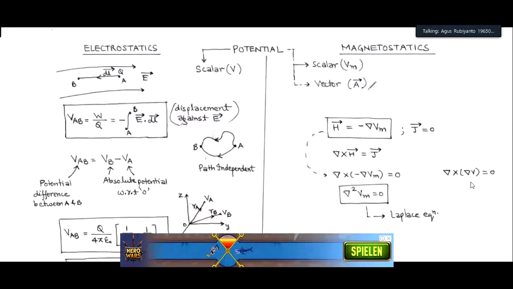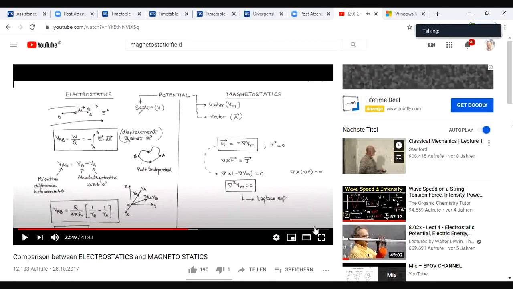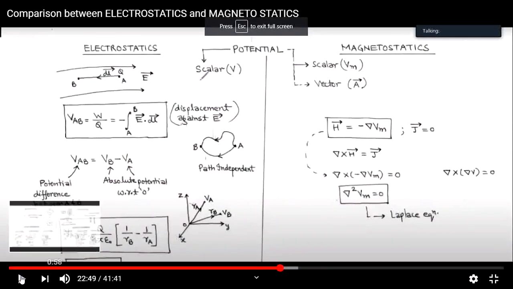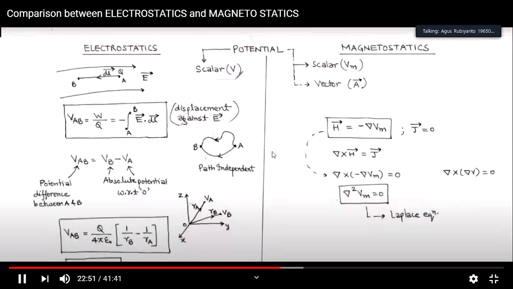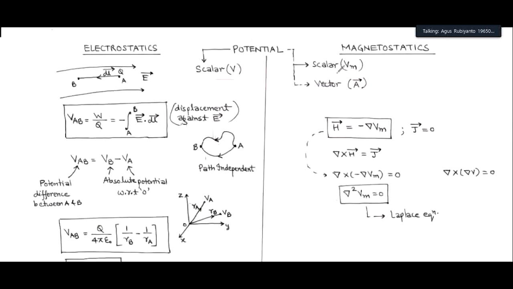So in case of electrostatics, there is only scalar electric potential, and in magnetostatics there is scalar magnetic potential denoted by V suffix m, and vector potential denoted by capital A vector. So first we discuss the scalar electric potential, that is capital V.